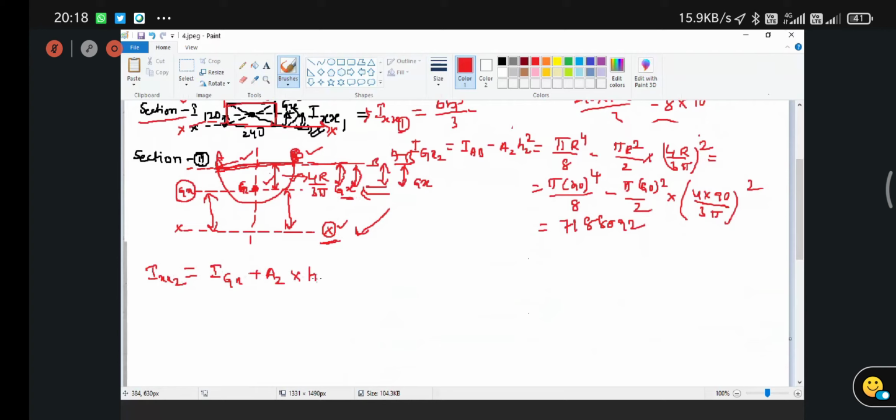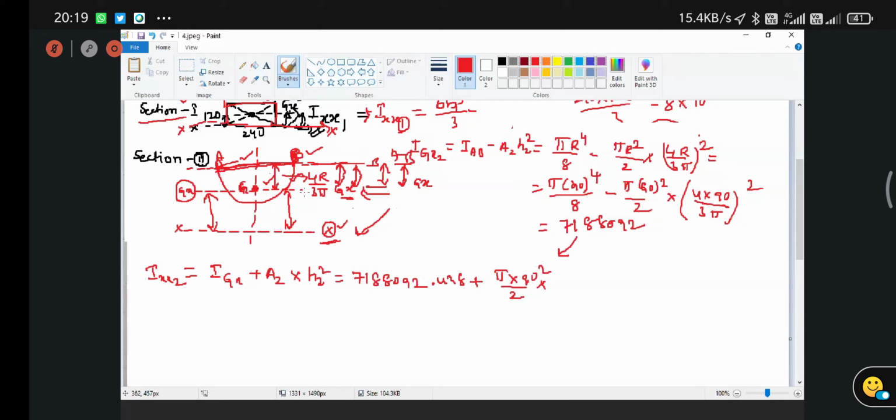So this IGX is nothing but what I got as 71,88,092 plus this value. The area of the quarter circle is πr² by 2, into h2, the distance between the two parallel axes.